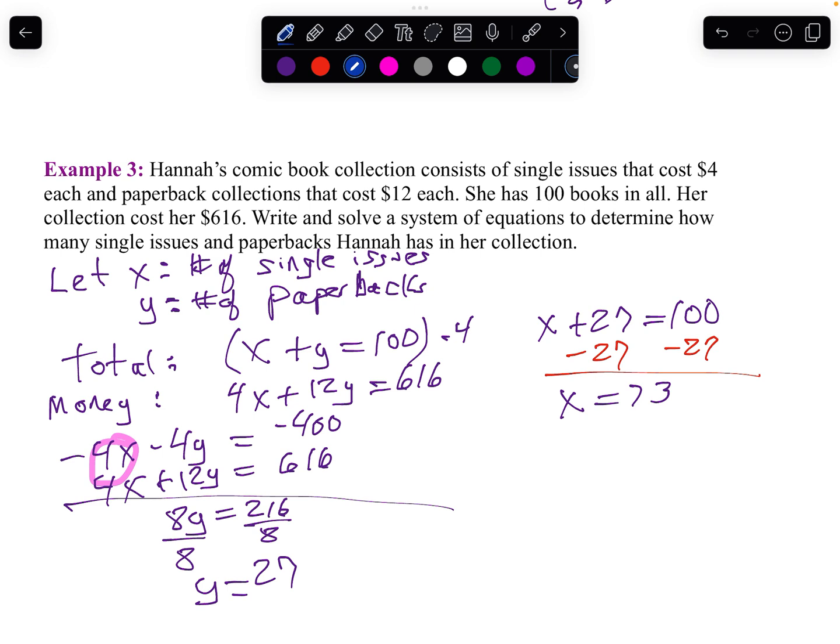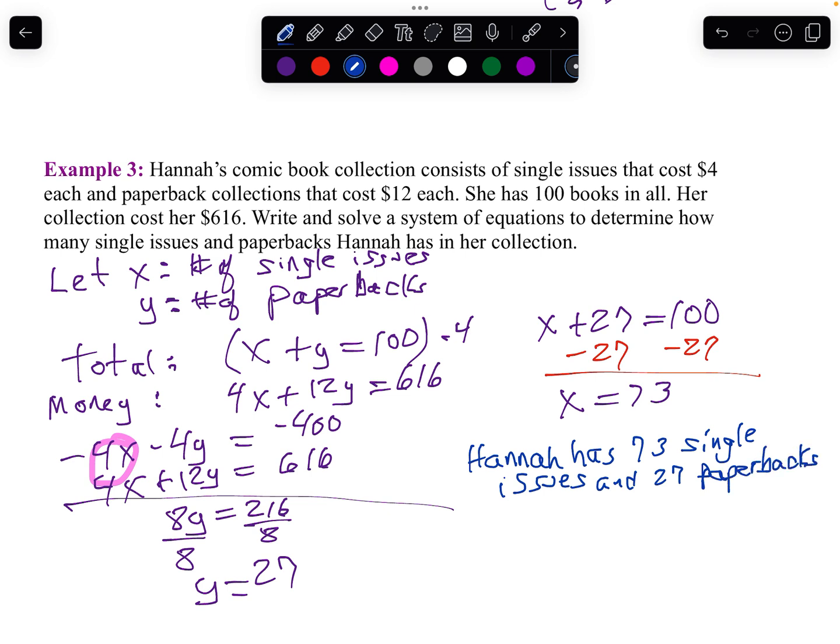So we'll say Hannah has 73 single issues and 27 paperbacks. And there's your answer.